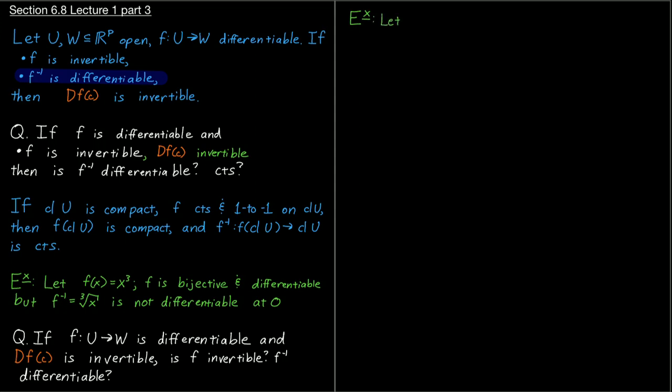Let f map from all of R2 to all of R2, given by f of x1, x2 equal to e to the x2 times the cosine of x1, and then e to the x2 times the sine of x1.